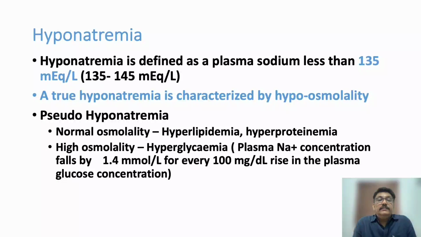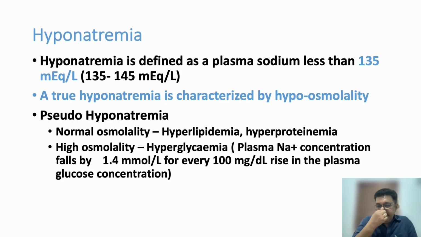Hyponatremia is defined as plasma sodium less than 135 milliequivalents per liter. That means normal sodium is 135 to 145 milliequivalents per liter. Here it is less than 135, so we can call it hyponatremia. But when we are managing hyponatremia, if there is a clinical finding, we should treat the patient in the emergency room.